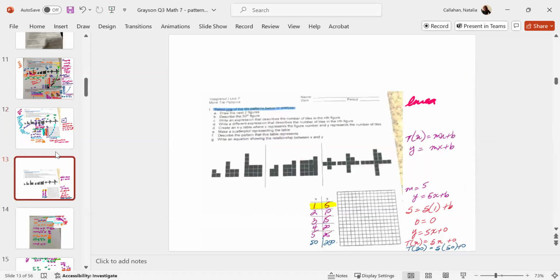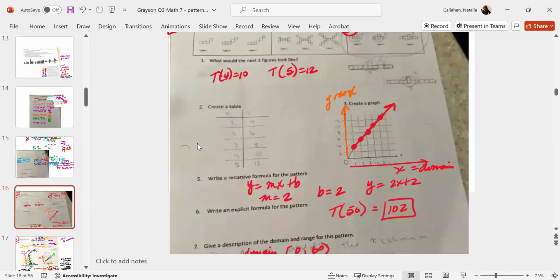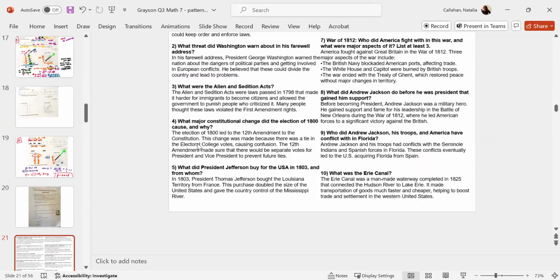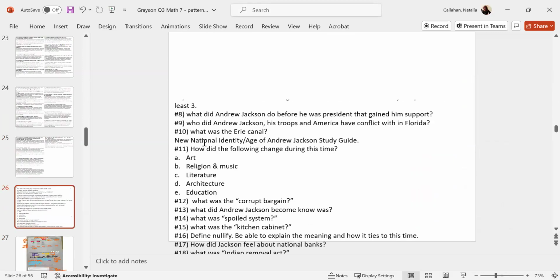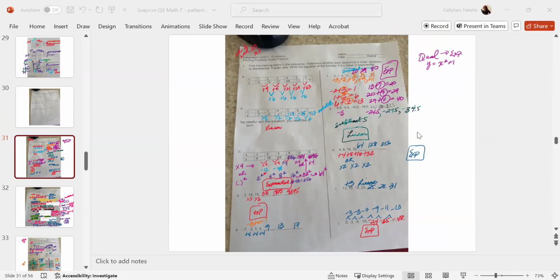Which one did we talk about? When it was, we talked about like exponential, there's no pattern, right? But we talked that it was quadratic.